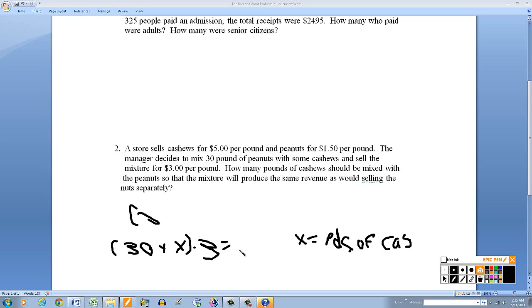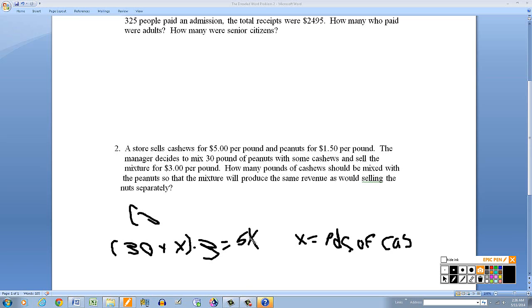So what do we get if we sell the nuts separately? In this case, for the cashews, it's going to be $5 for every pound.